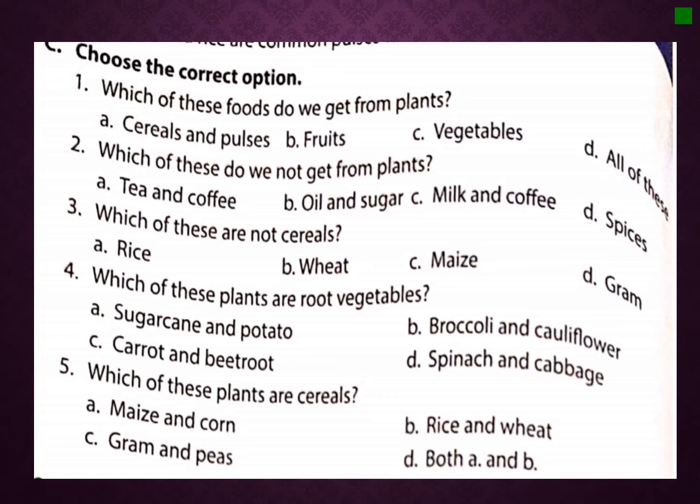Choose the correct option. Which of these foods do we get from plants? Cereals and pulses, fruits, vegetables, all of these.